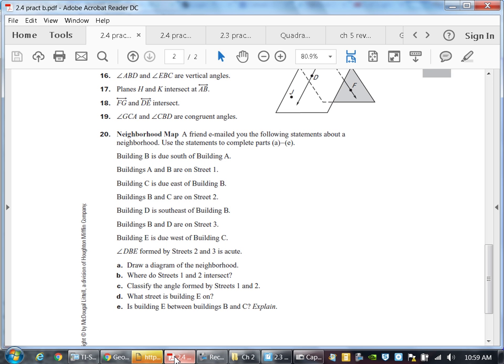You did. It's beautiful. Where do streets 1 and 2 intersect? At B, right. What kind of angle is formed at street 1 and 2? All right. Why do we know that? But why do we know that it's a right angle?